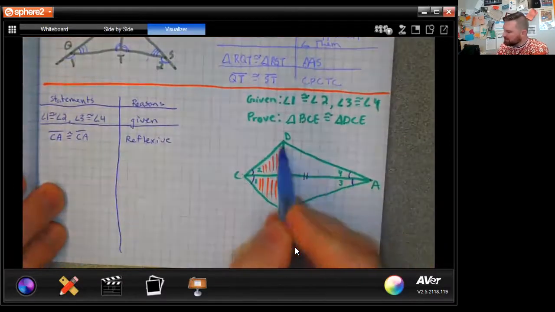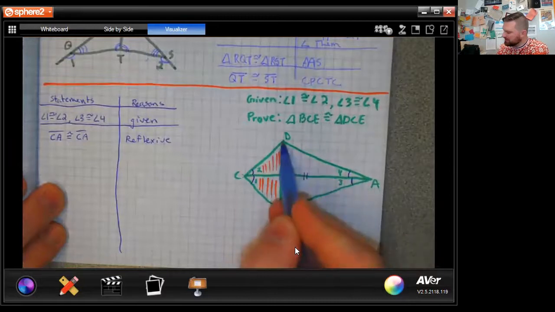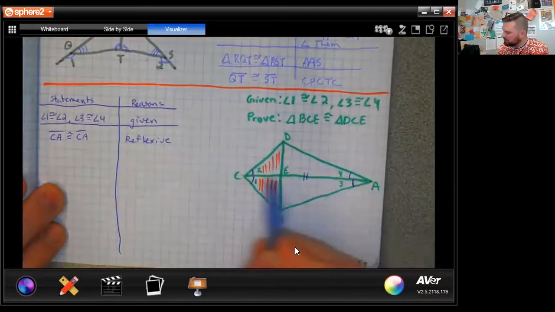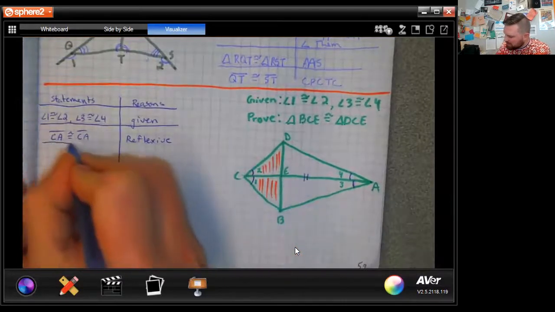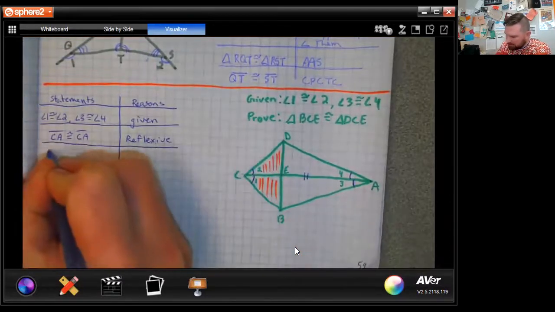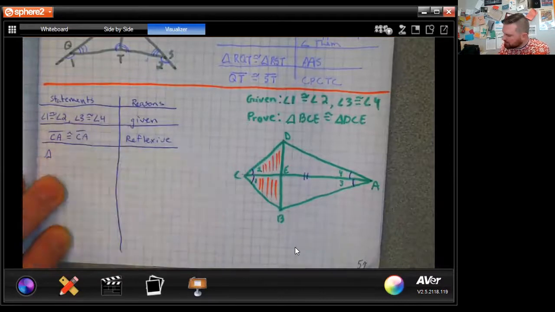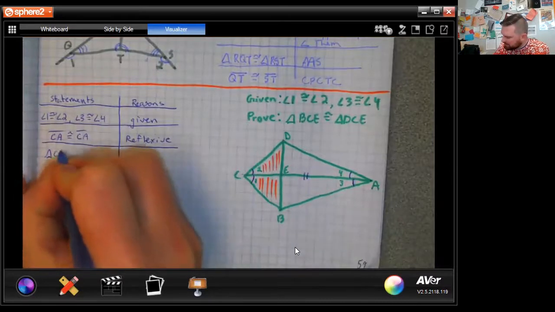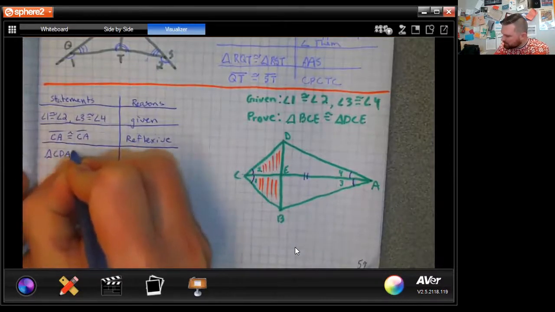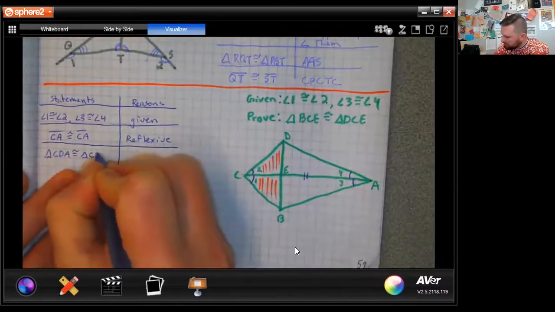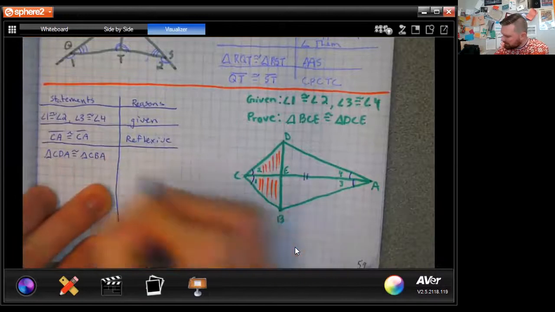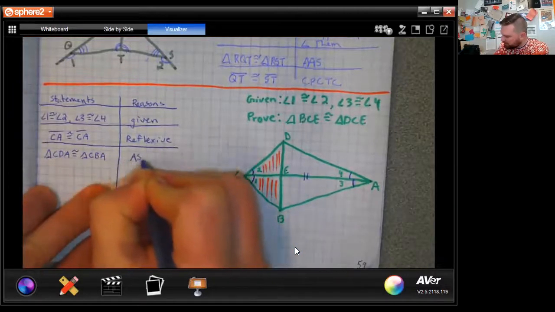Okay, now this triangle here is congruent to this triangle here because of angle, side, angle. So we will say that triangle CDA is congruent to triangle CBA, and that is because of angle, side, angle.